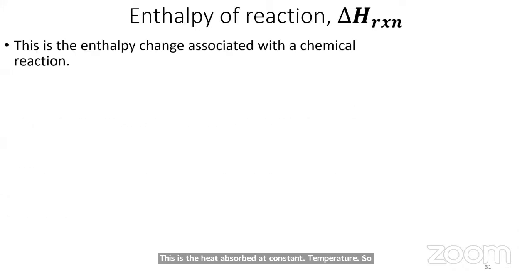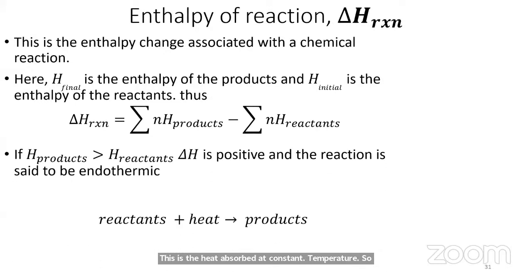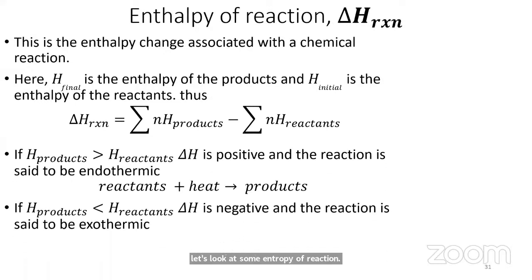So let's look at some entropy of reaction, because we are going to carry out some calculation. As I said, the entropy change is the entropy that is associated with our chemical reactions. Of course, this is the number of moles of the product minus the number of moles of the reactant.